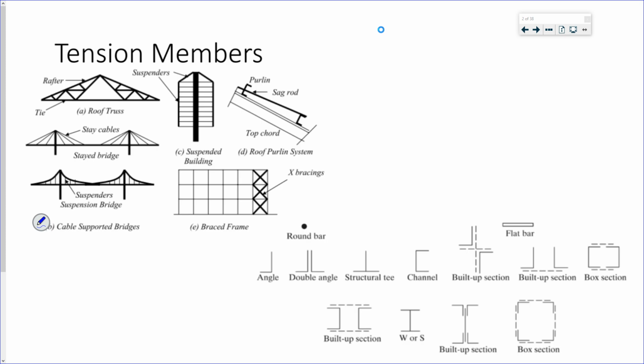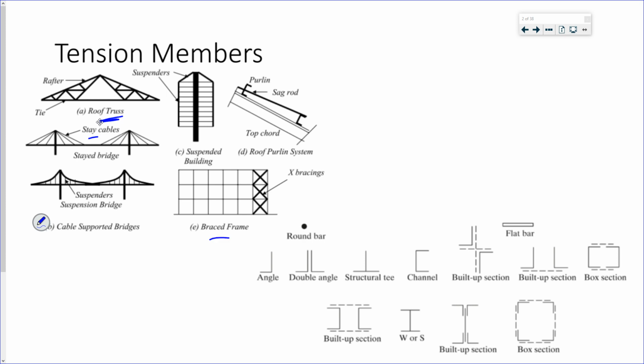So here are some examples of tension members. We've got trusses, where you'll find some tension members and some compression members. The stays in a cable stay bridge, the suspenders holding up the deck of a suspension bridge.